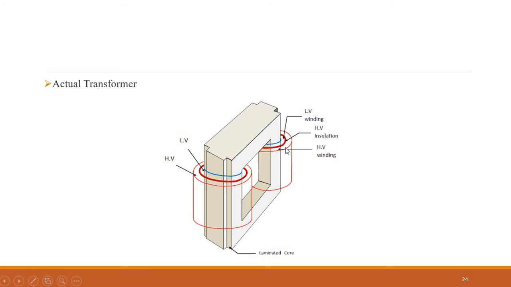If the HV winding were wound near the core, it would need higher insulation. And if tappings are to be provided, they can be taken from the HV winding, because tappings are always provided on the HV winding, and if the HV winding is outside, we can easily take out those tappings.